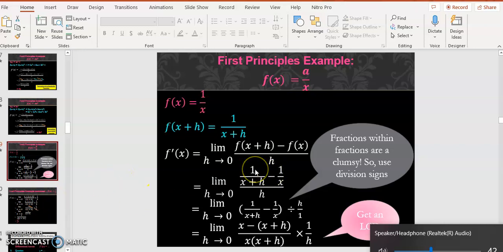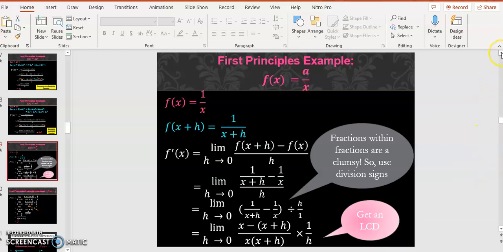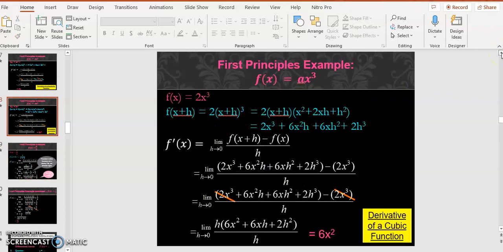Now, let's move back to what we were doing on the other video. The last thing we looked at was this one. F of x is equal to 2x to the power 3.